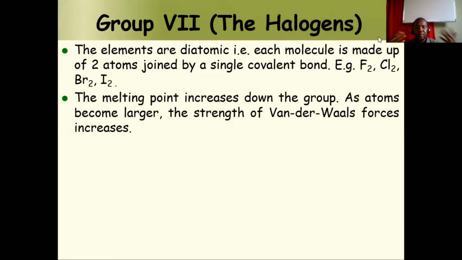Because most nonmetals are gases in nature, they just bond 2 atoms of each together to exist in nature. So fluorine as a gas is F2, chlorine is Cl2, bromine is Br2, iodine is I2. So the melting point increases as we look at that.